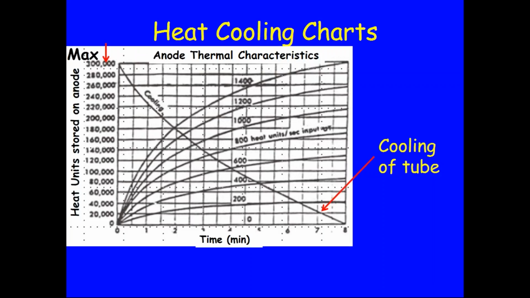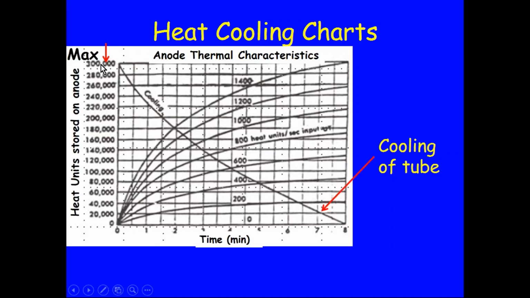Those charts look like this, somewhat different than what we've seen before. This time you're plotting heat units on the y-axis, and the tube maximum heat units is always given at this peak value here.